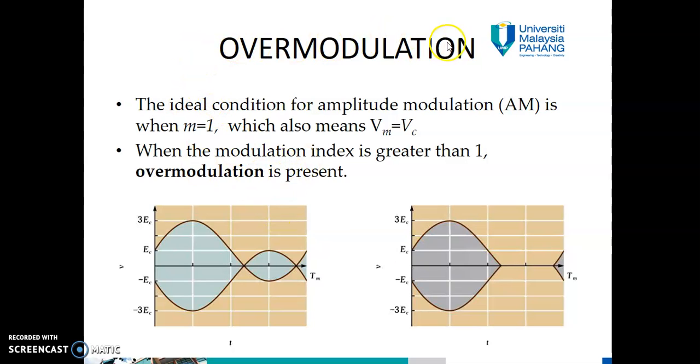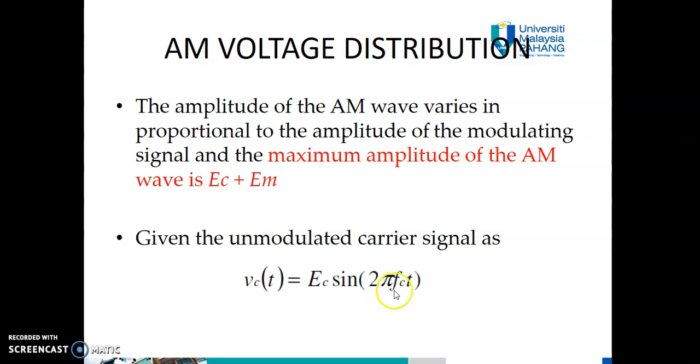Okay, this is over modulation. When the modulation index is greater than 1, meaning your VM is bigger than VC, you get over modulation. Actually, over modulation is not good. So this is the AM voltage distribution.